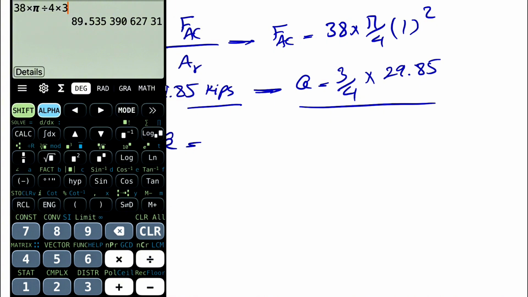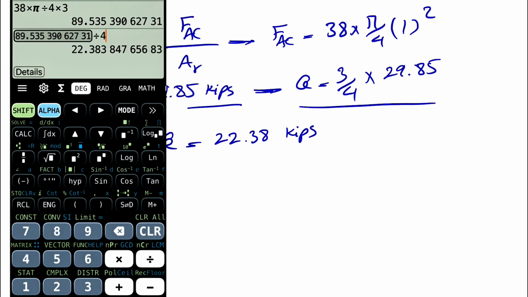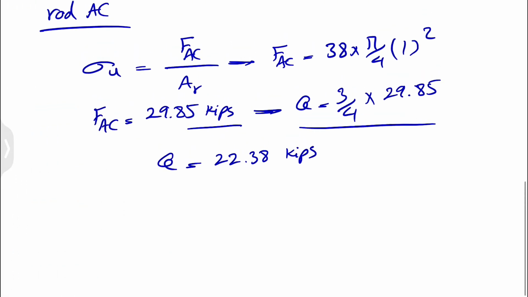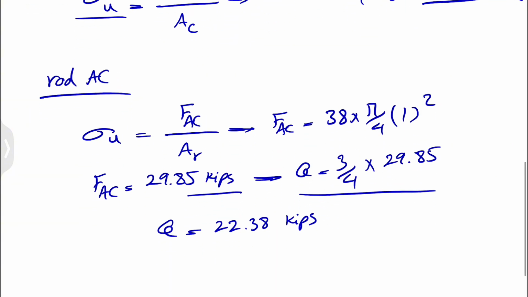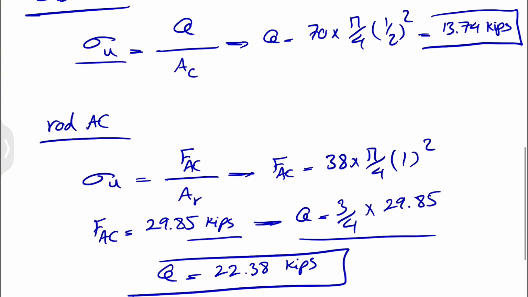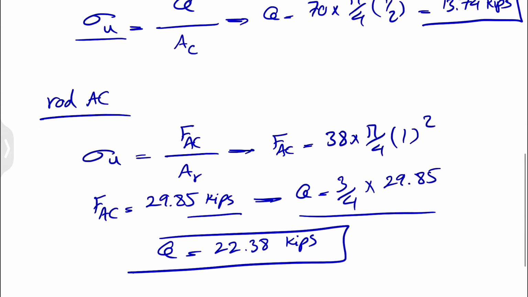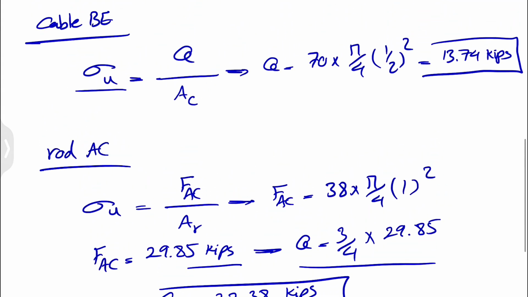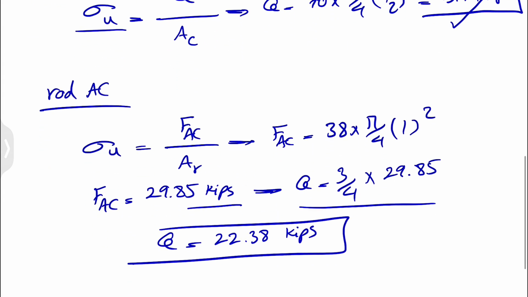So we're going to multiply by 3 divided by 4, which is going to give us 22.38 kips. So that's our second Q based on rod. So far our winner is the cable because the force is lower than that. So if we go with this one, it's going to fail the cable.